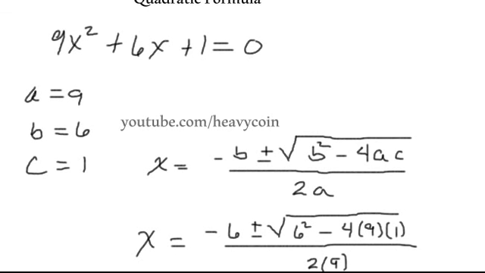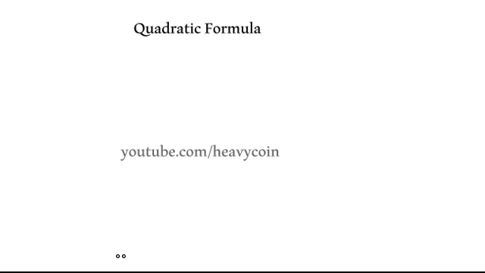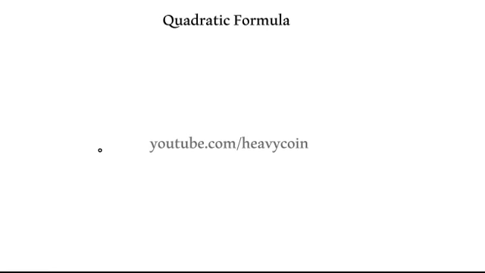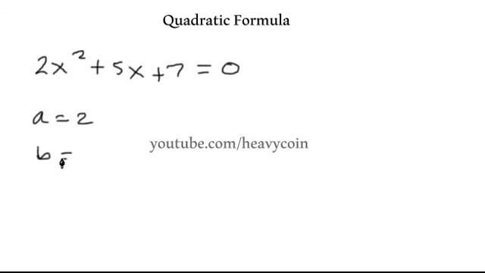All right, I'm going to work one more of these. I think I'll call it quits on the quadratic formula. Let's say we had 2x squared plus 5x plus 7 is equal to 0. So a is going to be 2, b is 5, and c is 7.